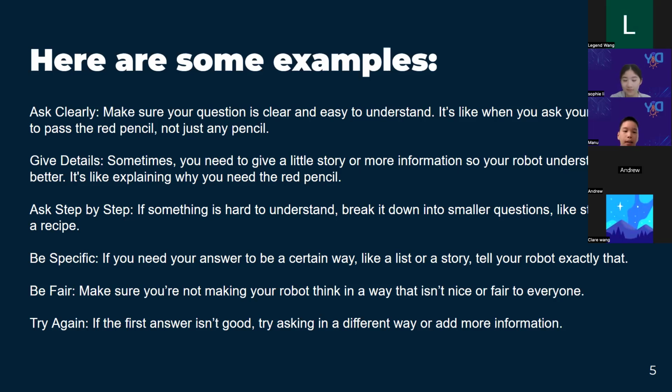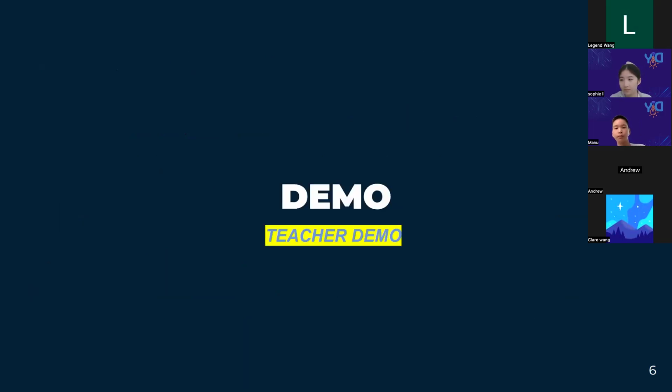Be specific. If you need your answer to be in a certain way, be it a list or a story, tell your robot exactly that. And be fair. Make sure you're not making the robot think in a way that isn't nice or fair to anyone, or even illegal. And try again. If the answer isn't good, try again, asking in a different way or adding more information.